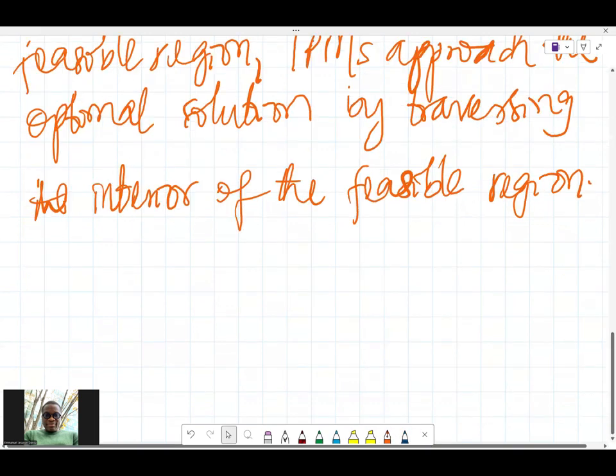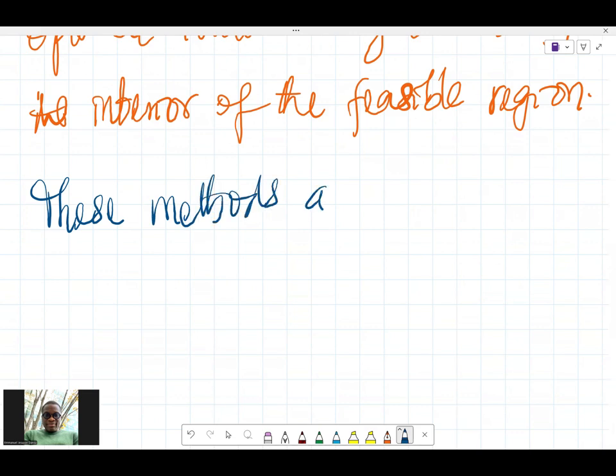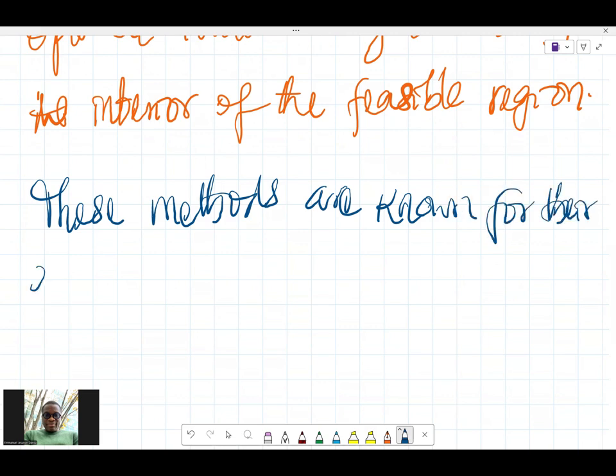Okay. These methods, the interior point methods, are known for their efficiency in large scale problems.